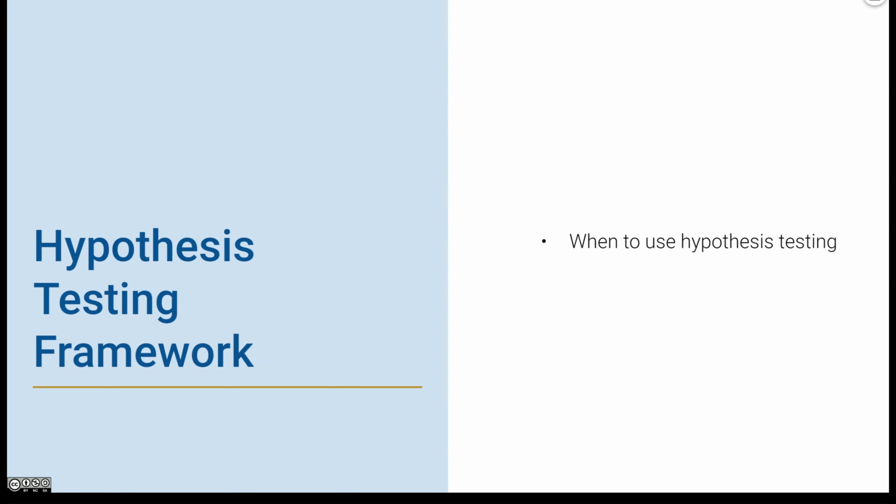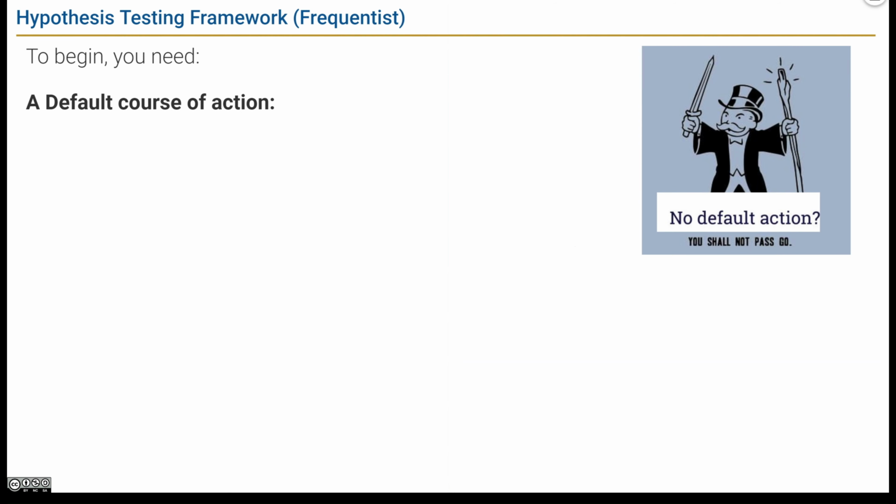So now we're going to formalize the whole framework of hypothesis testing, and we'll start by discussing when we can even use this. I like the analogy that was come up with by Cassie Kozyrkov, who was Google's first chief decision scientist. This is much more of a data scientist way of looking at hypothesis tests.